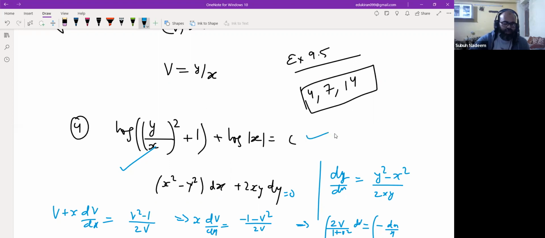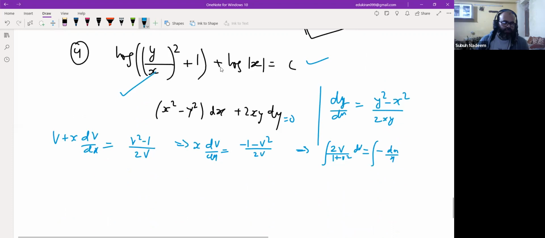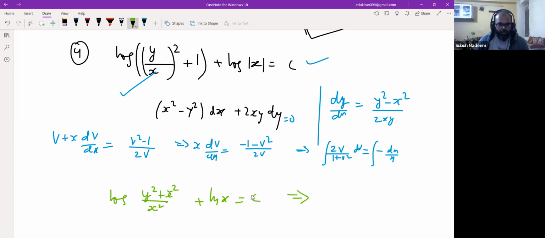The only thing is that you can further simplify it. This can be written as, generally simplify, (y square plus x square) by x square plus log x is equal to c. You put mod also if you want. Here mod can be put, but here it is not required, it is already positive.